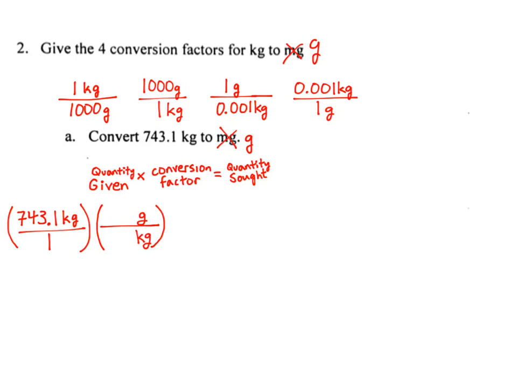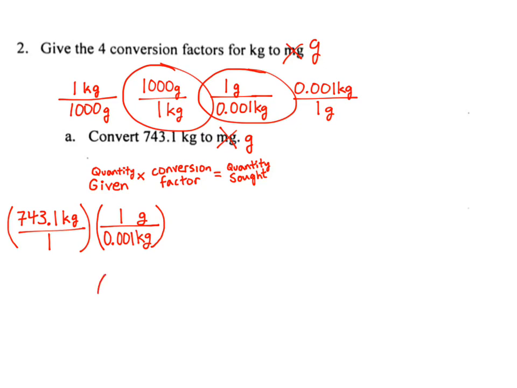And so when we look up at the top here, we see again that our middle two conversion factors give us grams in the numerator and kilograms in the denominator. So I'm going to choose the 1 gram over 0.001 kilograms.